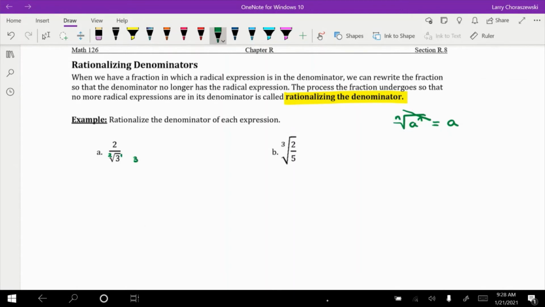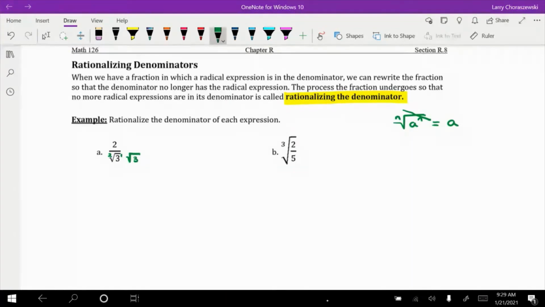But because this 3 is inside of the square root, I can't just multiply the 3 that's not in the square root to a 3 that's in the square root. The only way that we can multiply these two 3's together is if our additional 3 was inside of a square root. So we're going to multiply the denominator by the square root of 3.